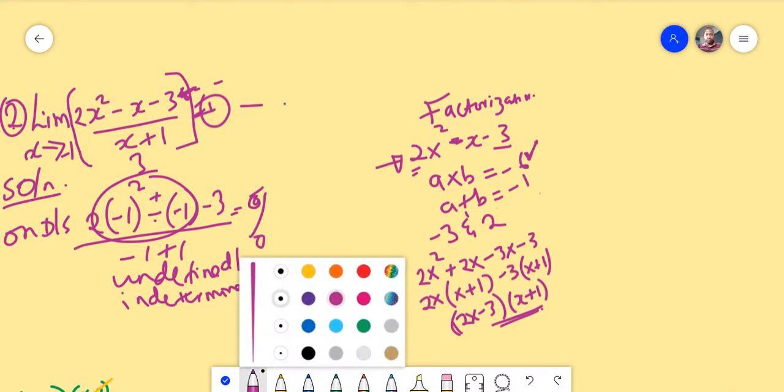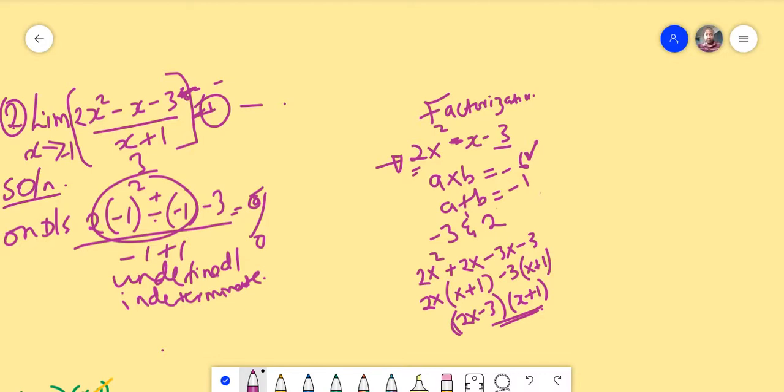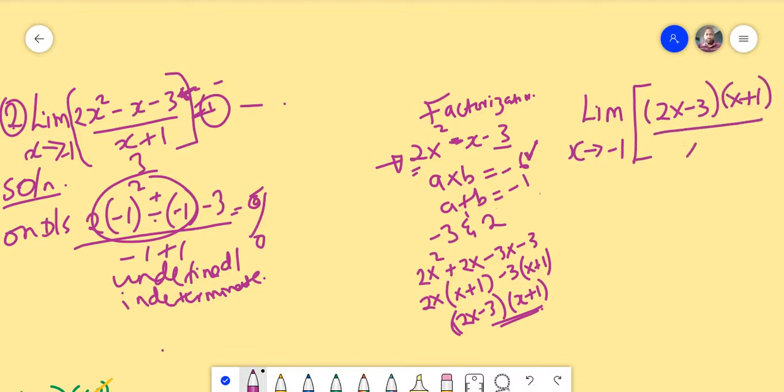So now it will be the limit as x approaches minus 1 of 2x minus 3 into x plus 1 over x plus 1. And then this x plus 1 can cancel out.